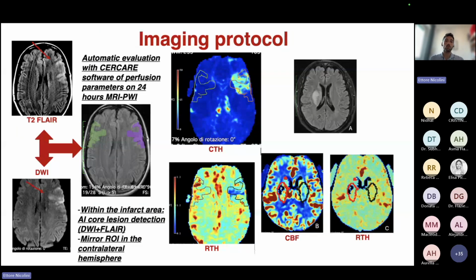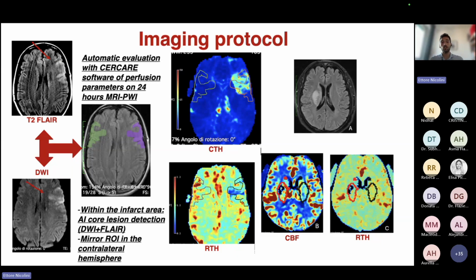As for our imaging protocol, we defined our region of interest with an automatic infarct core definition from the Cerker software, which uses both FLAIR images and DWI and ADC images to detect the final infarct core.